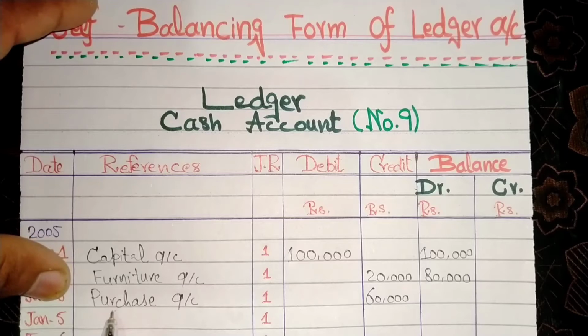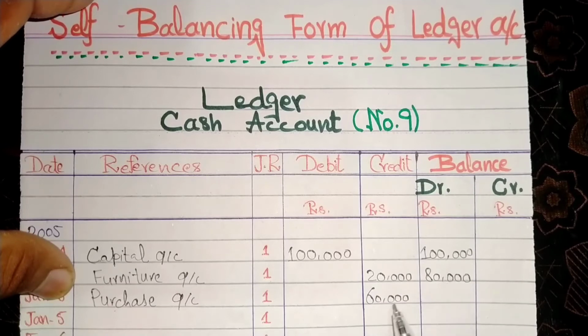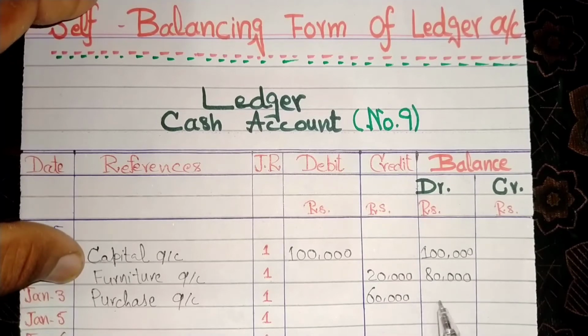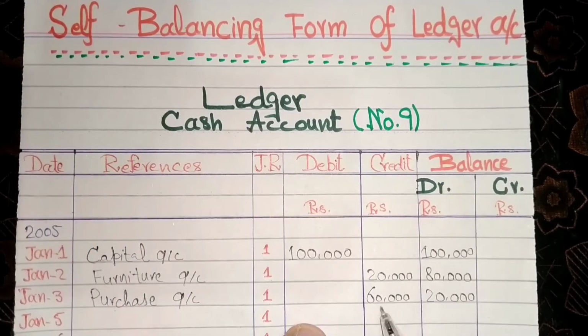We will write here the opposite name of the account, which was purchase account. Same as above, we will minus lesser from heavier. So we find the balance: 80,000 minus 60,000, and ultimately we have 20,000 rupees, which is the debit balance.